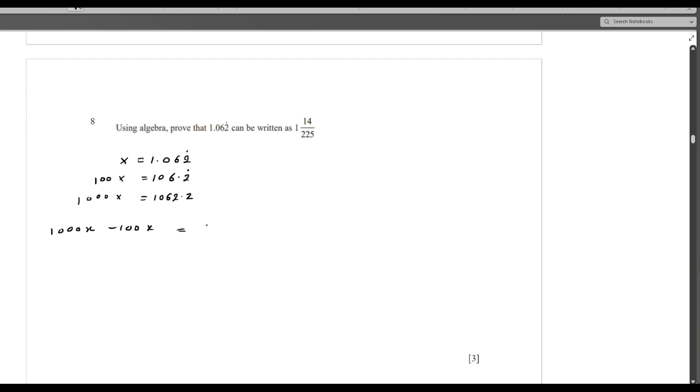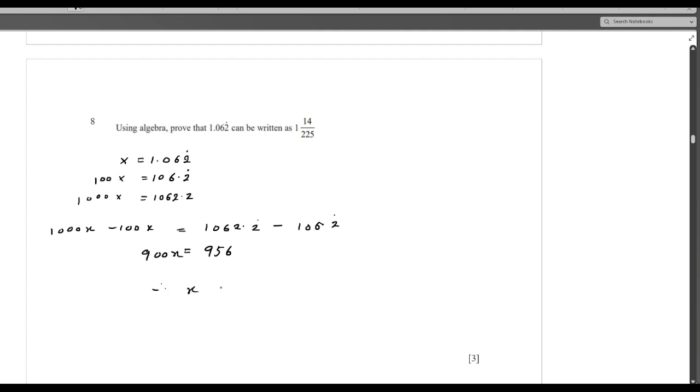Now if you subtract 100x from this 1000x, on the right hand side you will get 1062.2 recurring minus 106.2 recurring. After the decimal, whatever repeating parts we have will cancel. Better use your calculator: 1062 minus 106, the result is 956. On the left hand side, 1000x minus 100x is 900x.